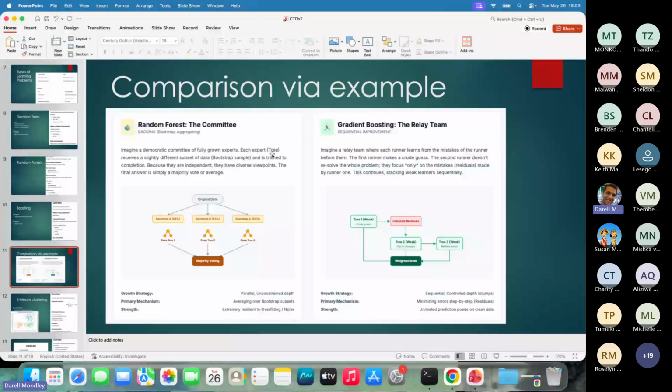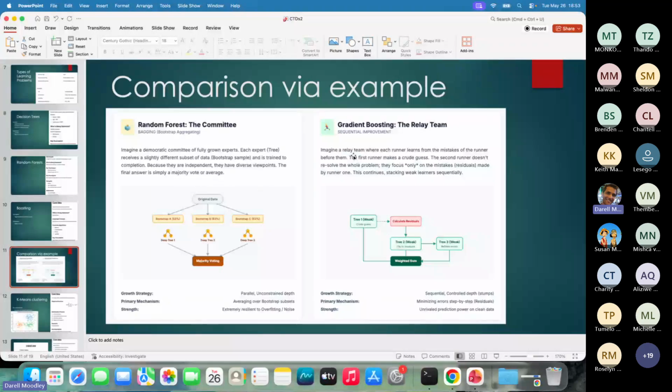And each expert, which is a tree, receives a slightly different subset of data. So that's your bootstrap sample, and it's trained to completion. Because they are independent, just as in the analogy I gave you, each one is trained on a different tree, on a different computer. That's what I mean by independent. They have diverse viewpoints, and the final answer is simply a majority vote or the average.